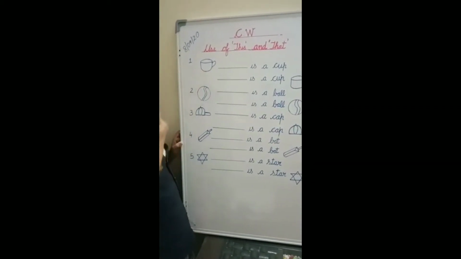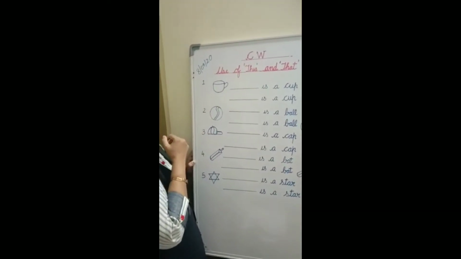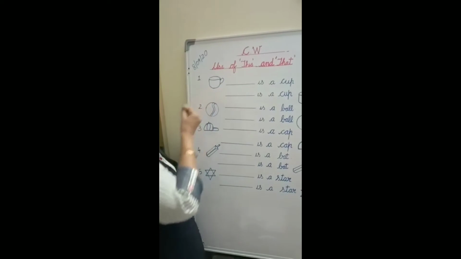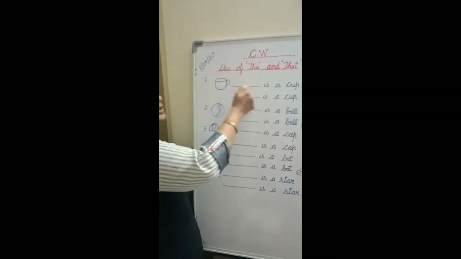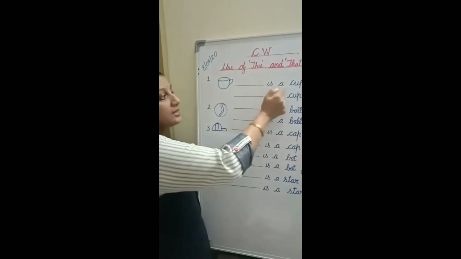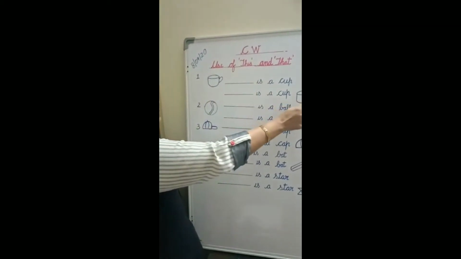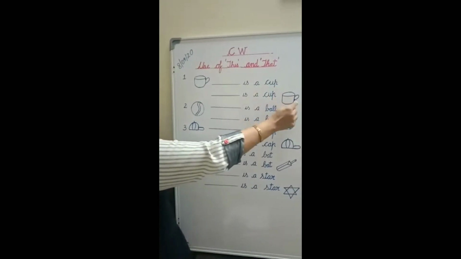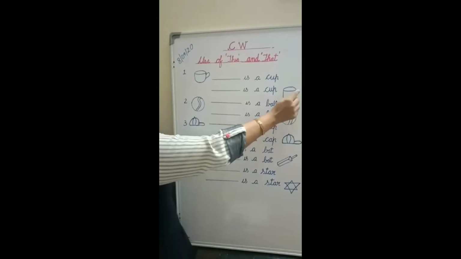Now look here. This cup is very near to me. So what are we going to use in that case? When an object is near to us, very close, we use this. This is a cup. And here, look here, the object is far away. This object is very far.